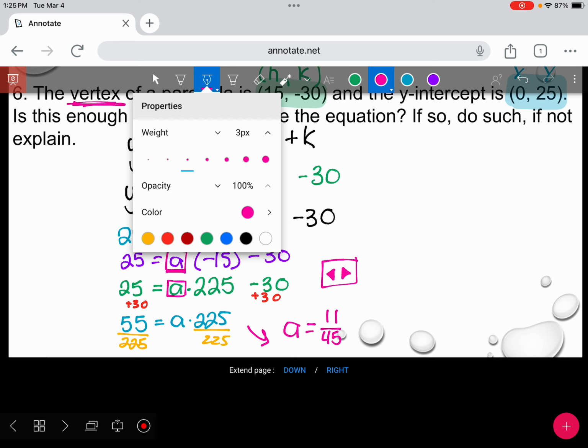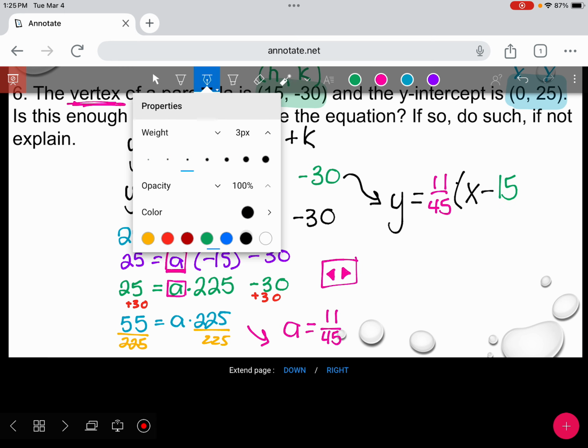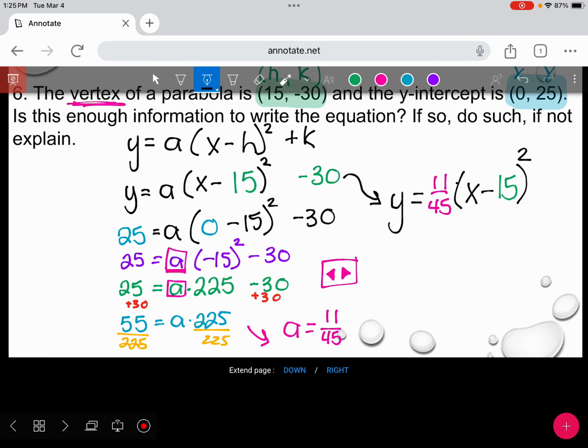So our whole equation here, I'm going to grab this one. We have our y equals our a, which was 11 over 45, times x minus our 15, that was squared, minus 30.